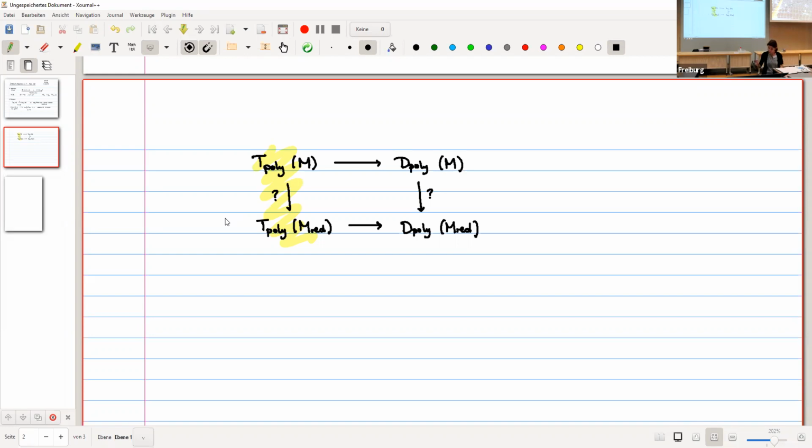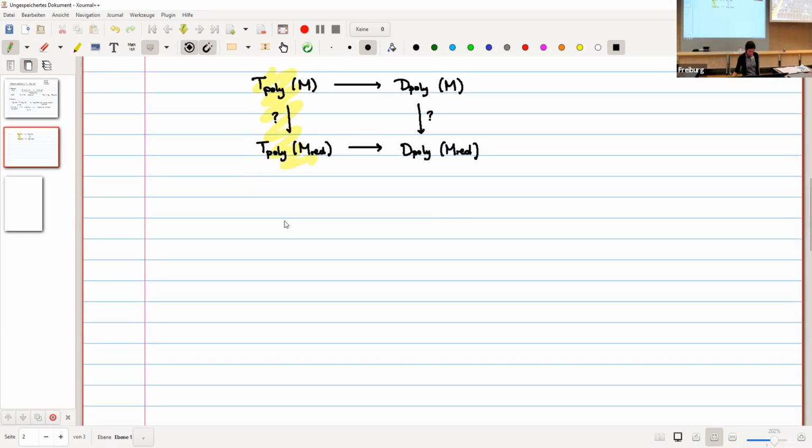So what's the rough idea? Very rough. First of all, we have to think a little bit. We have polyvector fields, but we would like to encode a little bit the information of the Hamiltonian action in this complex.